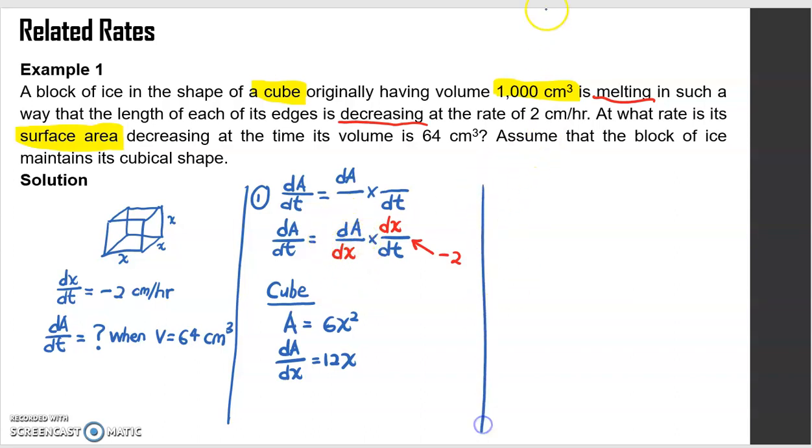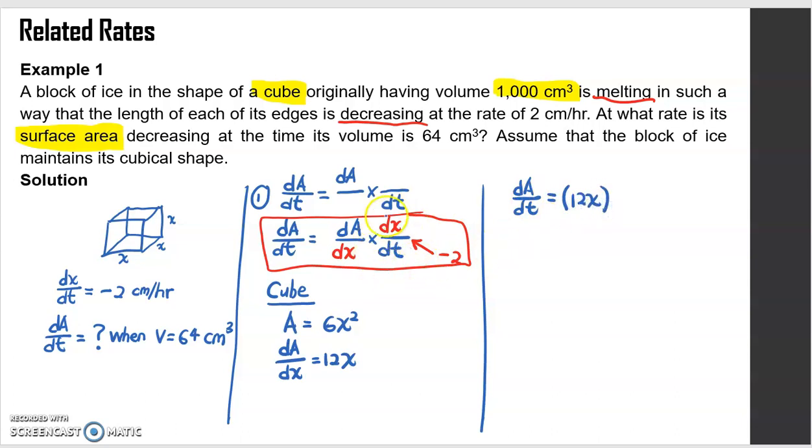So dA over dt is equal to dA over dx, which is 12x, multiplied by dx over dt.